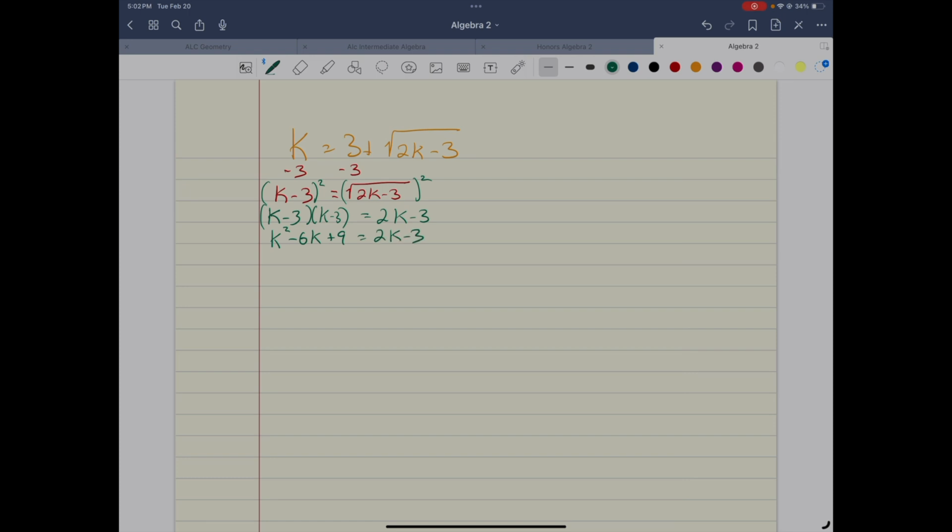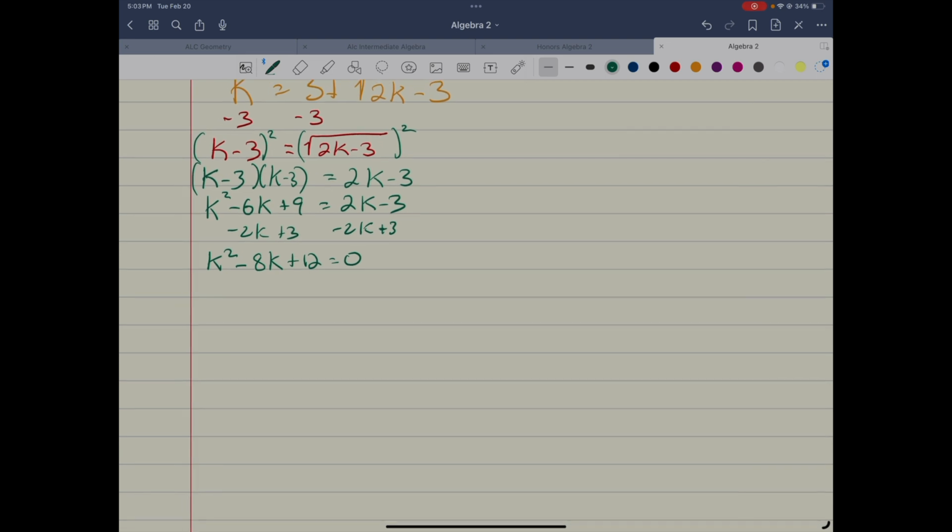If you have to FOIL it out, go ahead and FOIL it out. I did that kind of fast. I'm going to subtract 2k and add 3. So minus 2k plus 3. So that's k squared minus 8k plus 12 equals 0.